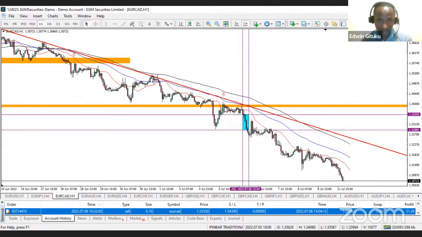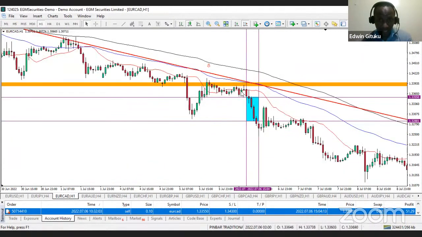So this is where the retest happened. Then upon failure to go beyond that zone, not only did you have an area of support, but you also had a resistance based on this trend line. So failure to break that support could support your argument to consider a sell position.